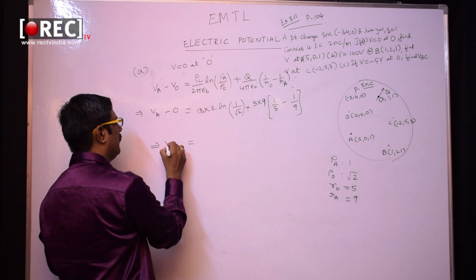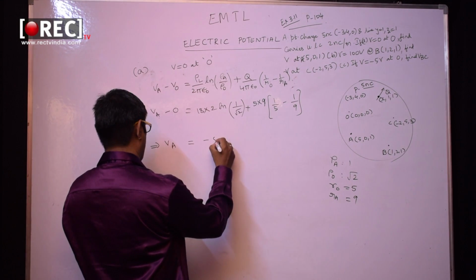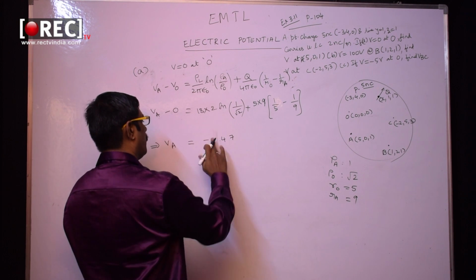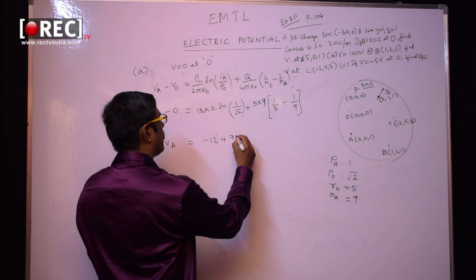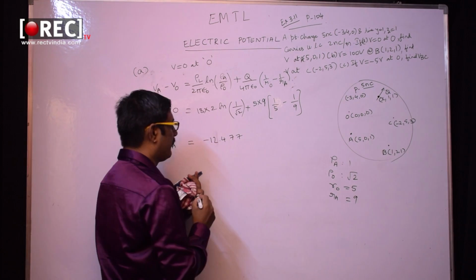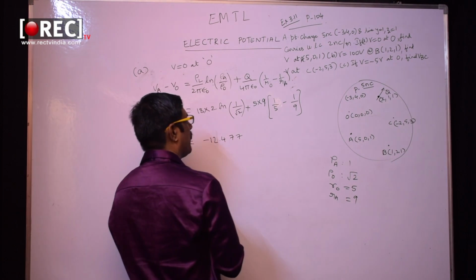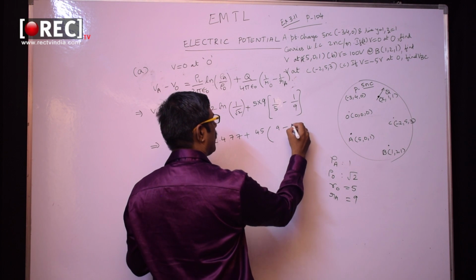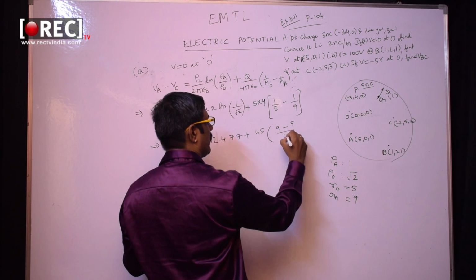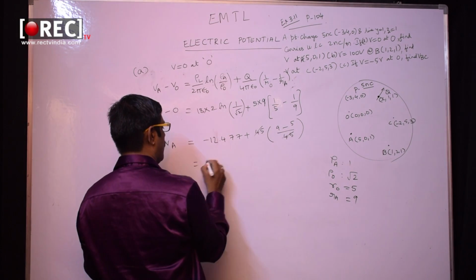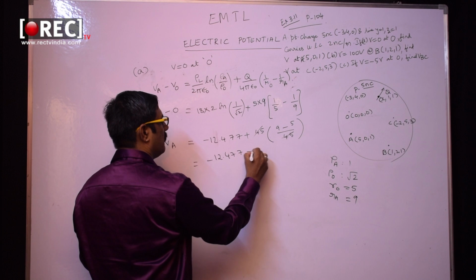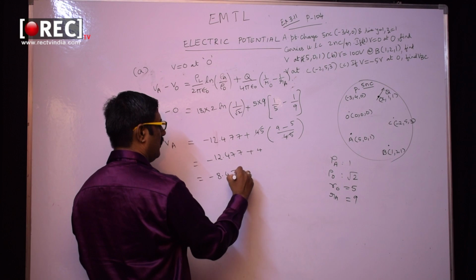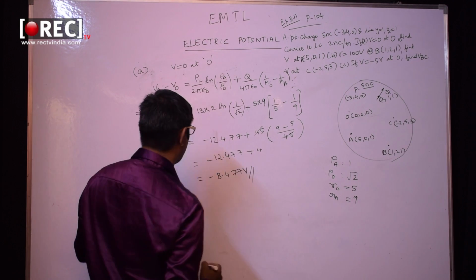So VA is equal to minus 12.477, plus 45 into 9 minus 5 by 45, taking the LCM here. So in total it is minus 12.477 plus 9 minus 5, which is 4. So it is minus 8.477 volts. So this is the calculation for VA.